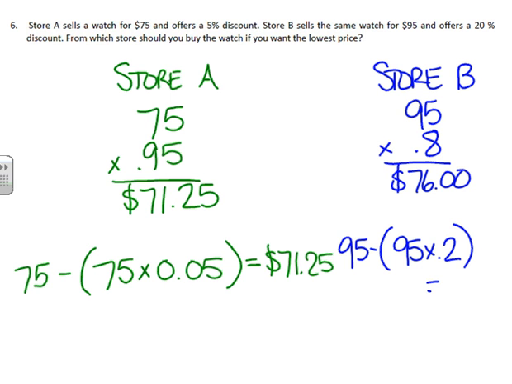That would give you the same value of $76. Now we can compare the two sale prices and say that store A is lower by $4.75. So you will save $4.75 by going to store A.